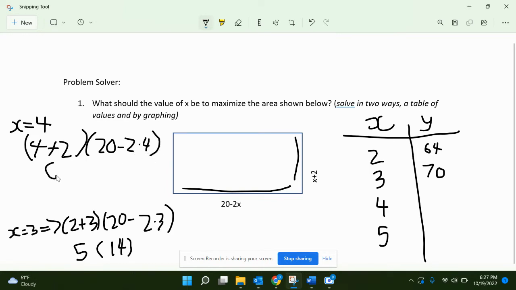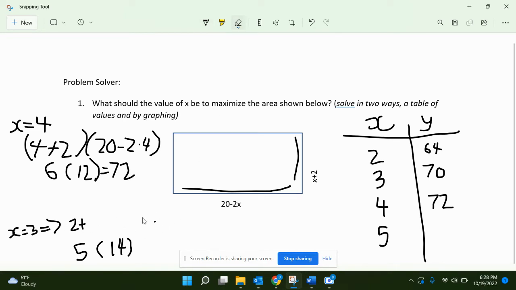Okay, so this is equal to 6 times 12, which is equal to 72. Okay, so this part here is 72. That's getting pretty big. And let's just check 5. So at 5, we're expecting it to start falling again. So let's check 5 now.